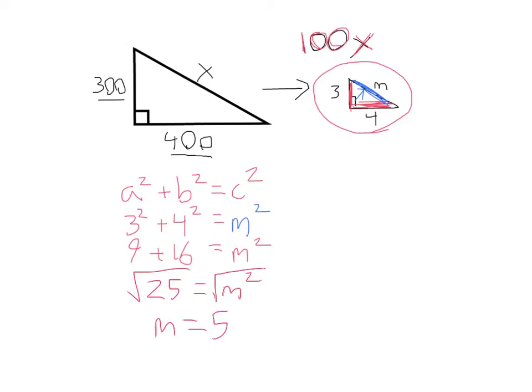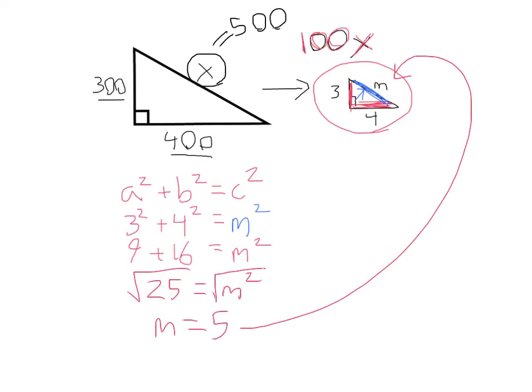So now what we can do is say, if m equals 5, then 100 times 5 means that x is equal to 500. Okay, and that's because we used that similar triangle. So if we know there's a triangle that's 3, 4, and 5, and this other triangle is 100 times that big, then we know this triangle is 300 by 400 by 500. And that's an easy way to deal with big numbers when dealing with the Pythagorean theorem.